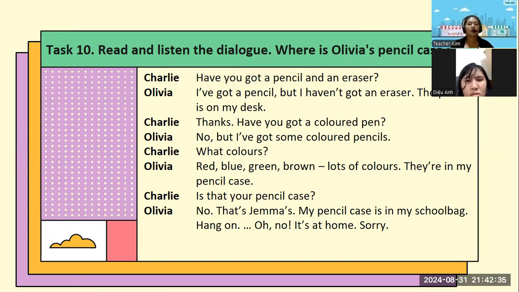What colours? Red, blue, green, brown. Lots of colours. They're in my pencil case. Is that your pencil case? No, that's Gemma's. My pencil case is in my school bag. Hang on. Oh no, it's at home. Sorry.